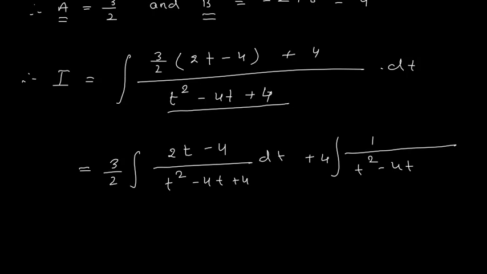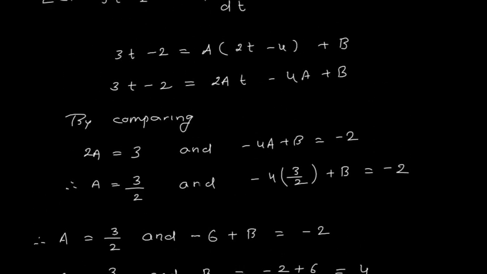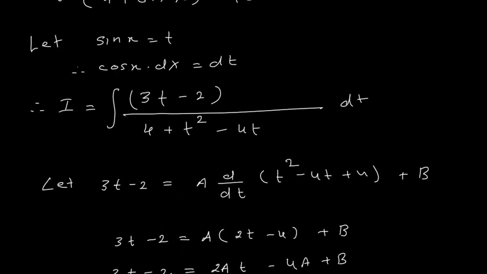Half of the coefficient of t is 2, and the square of 2 is 4, which is already there, so t square minus 4t plus 4 is a perfect square term. We can write this as t minus 2 the whole square into dt.